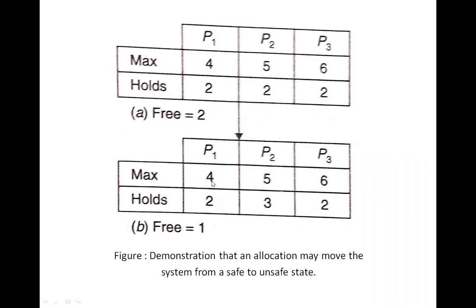P1 is requiring 2 more, and we only have 1 free. So none will be able to complete its job because the free units are less than whatever they require. Even if P1 requests 1 more, 1 can be given, but it is still not going to complete its process. So this is going to lead the system from a safe to an unsafe state.